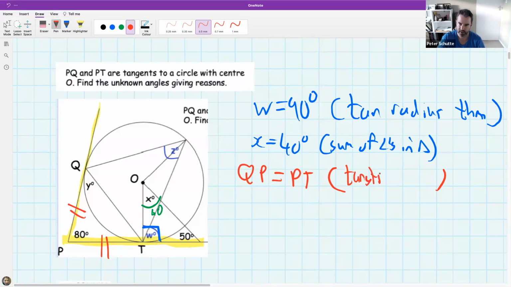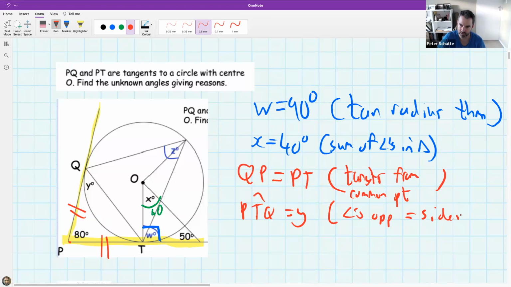Yes, tangents from a common point, and that common point is P in this case. So now we know that PTQ is Y, and that is because angles opposite equal sides. So we know they're equal sides and the angles opposite them, so that's Y.